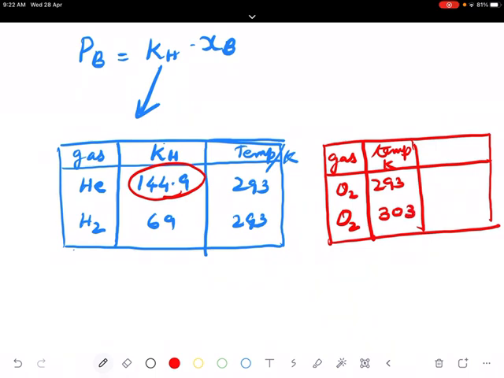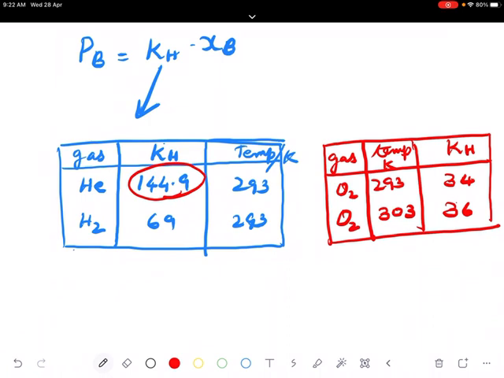In these cases, the KH value changes, KH value 34, KH value 36. When the temperature changes, the KH value will also change. As the KH value changes, solubility changes.